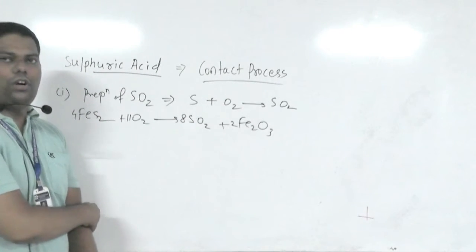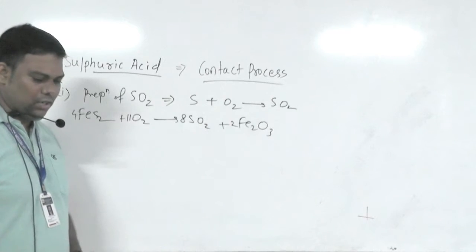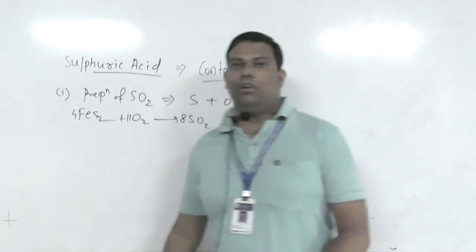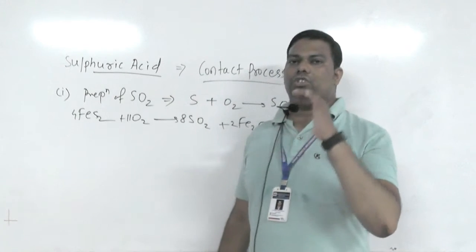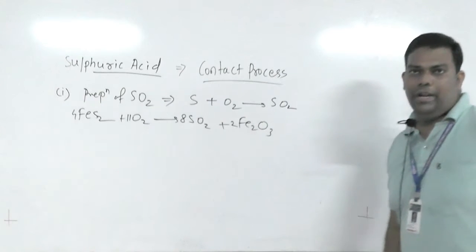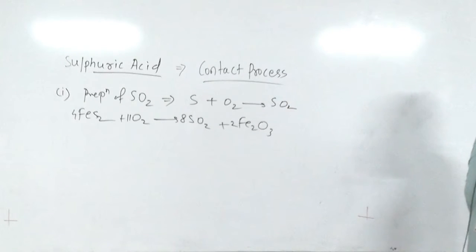I think we saw this reaction in the previous lecture also. This is our first step: first you have to produce sulfur dioxide. You have to write this reaction clearly in your notes.